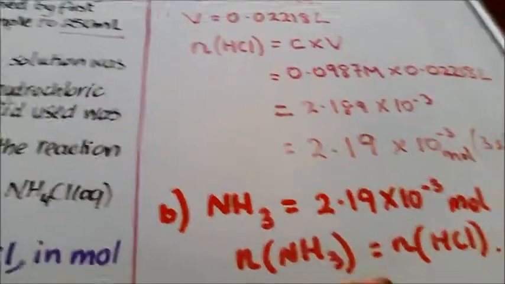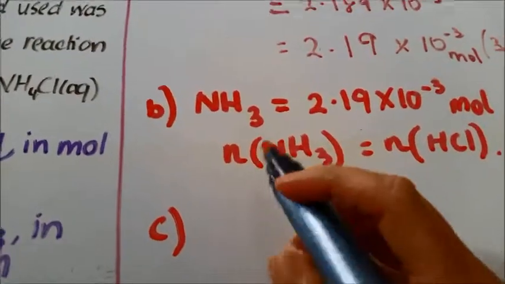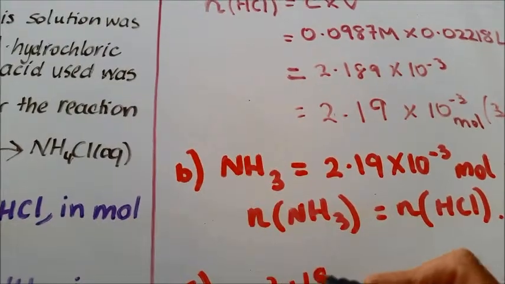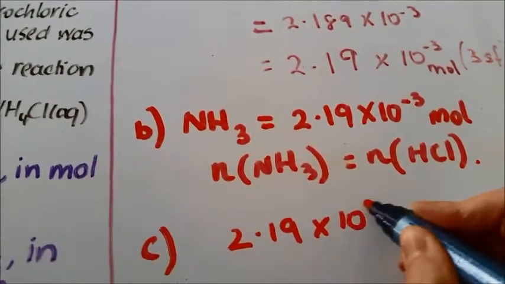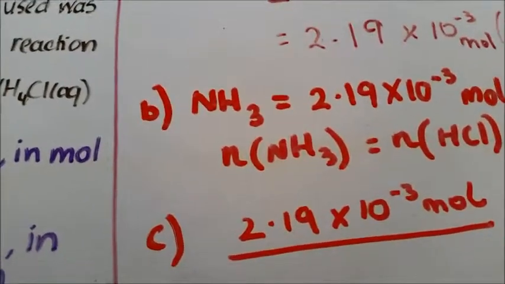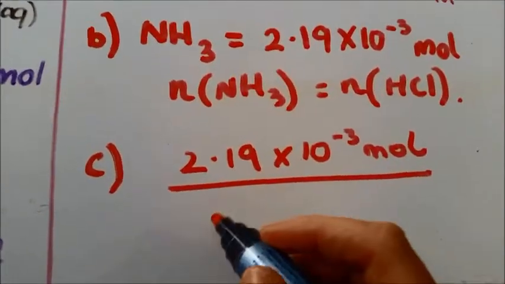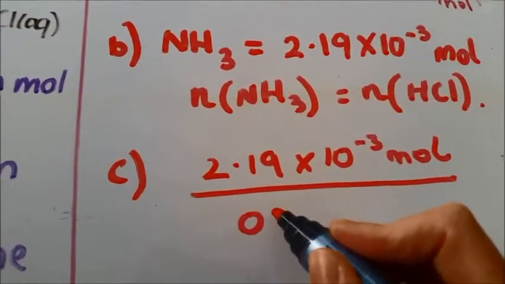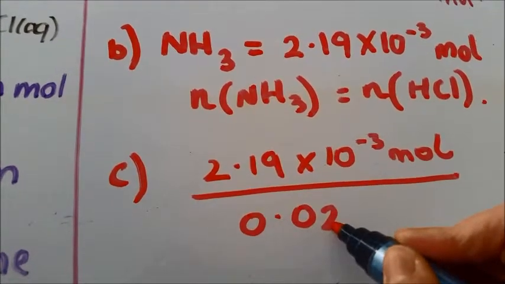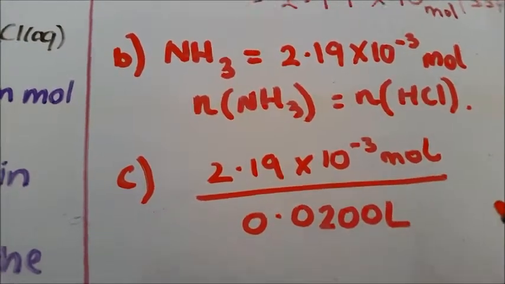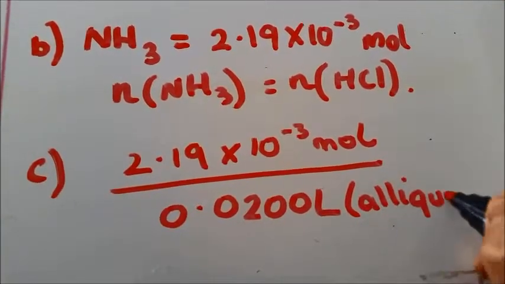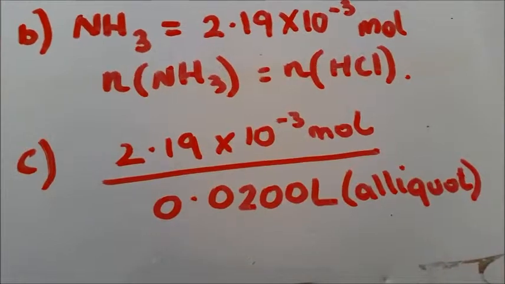Our amount of mole that we established it to be was 2.19 times 10 to the negative 3 mole. And what we need to do now is divide that by our 20 ml that we had taken out of the solution, which was our aliquot. I'm just going to write aliquot here, so we just don't get confused.